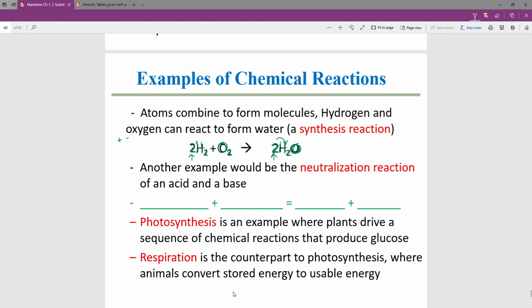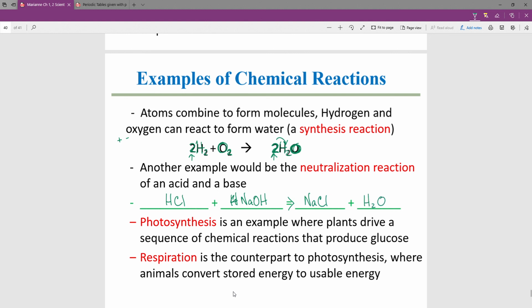Another example would be a neutralization reaction of an acid and a base. So you can look back in your notes. You can decide, do you want to be a chemical symbol person or do you want to be a word person? So chemical symbol person would be an acid, and as a specific example, hydrochloric acid, HCl, and NaOH as sodium hydroxide, and it would make salt, NaCl, and water, H2O.